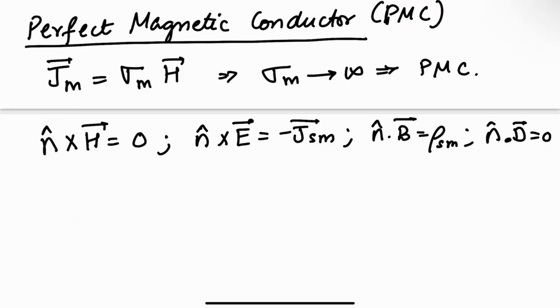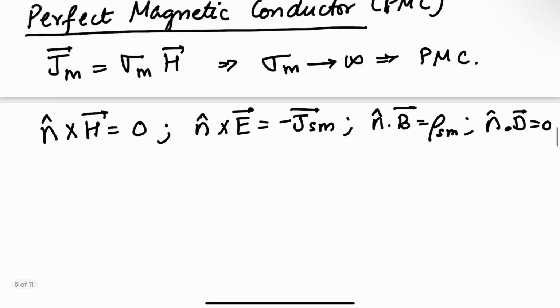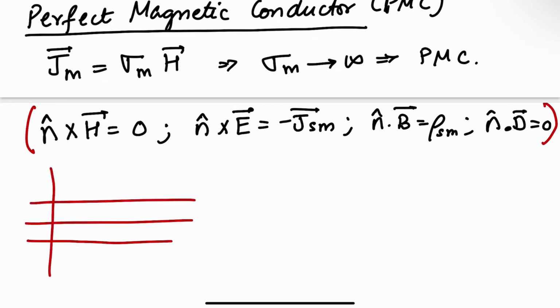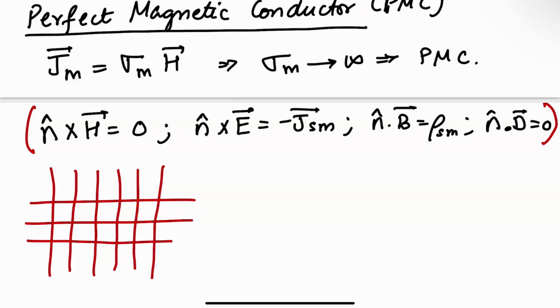Another application could be that these boundary conditions somehow turn out to be satisfied in certain problems. So I could have, let's say, a periodic structure that has unit cells like this. And for some reason, we'll see maybe that at the boundary of each unit cell, the fields satisfy these boundary conditions.